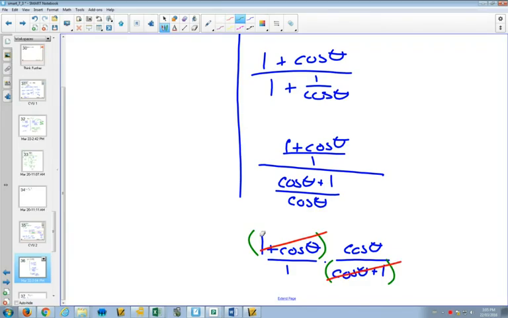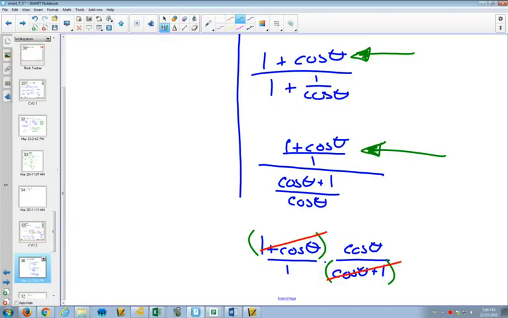This is a good question because I want you to look at this right now and this right now. People get stuck not recognizing that 1 plus cos theta is the same as 1 plus cos theta over 1, and that you do have a single fraction on the top.